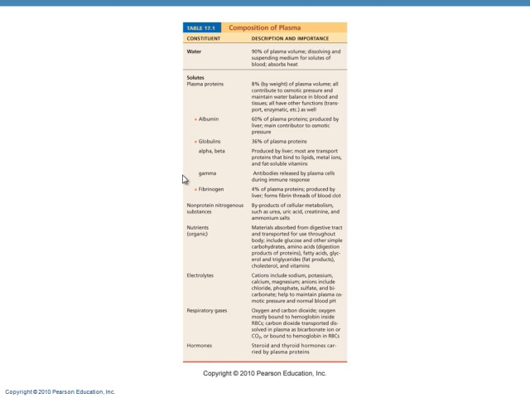Globulins, 36%. And you probably can't even see this, but it's on page 636, table 17.1. Tells us all the components. So alpha and beta and gamma globulins. Gamma globulins are those antibodies that are going to help us out, and we're going to talk about them in their own little chapter called the immune system.